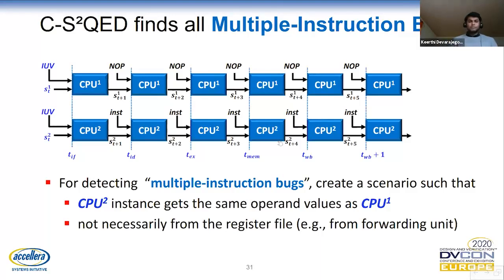But in case of CPU2, it is symbolic and it can execute whatever instructions it wants to before the time point TIF. So the value may be coming from the register file, or it can also be coming from one of the pipeline stages, maybe a forwarding unit. And we need to create a scenario such that even though the value comes from the pipeline, the value has to be the same as in case of CPU1.